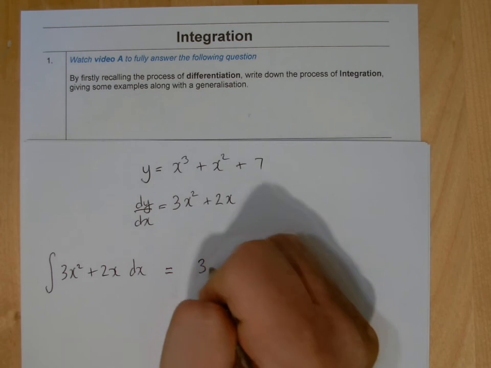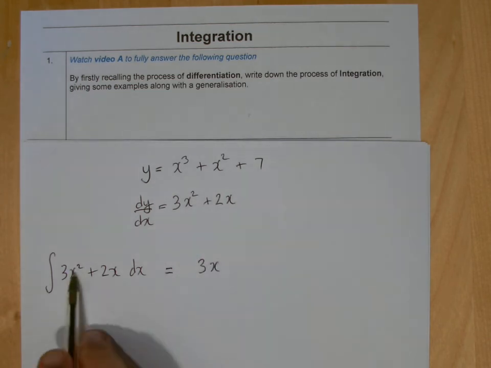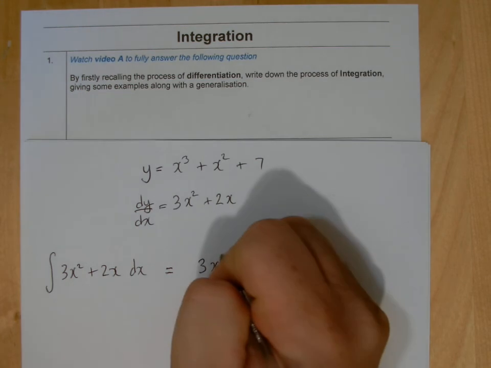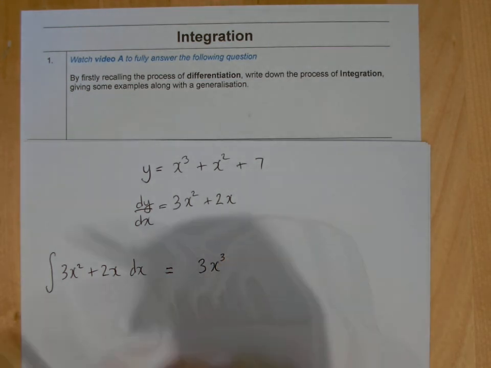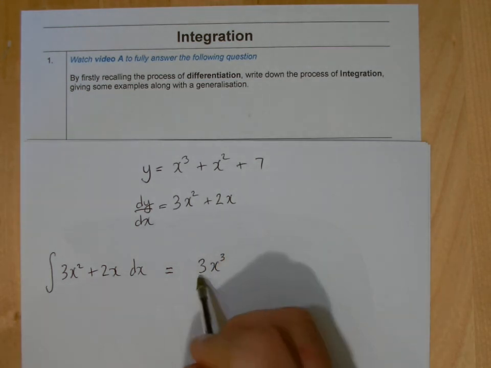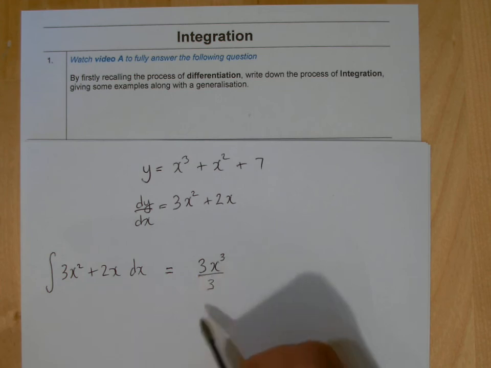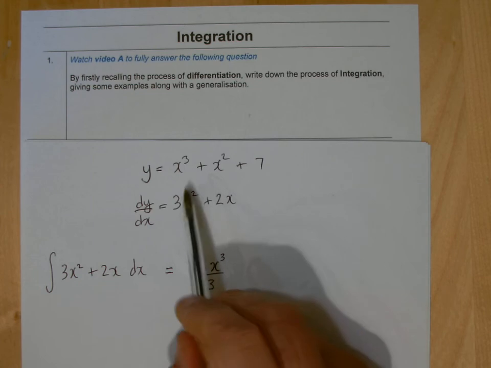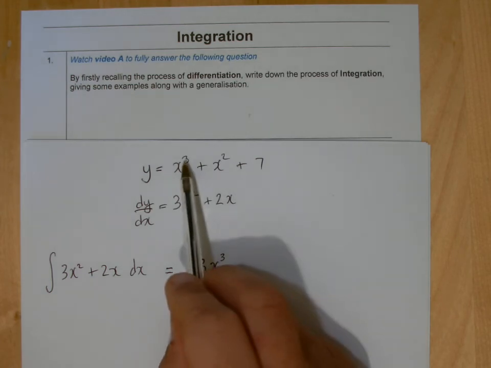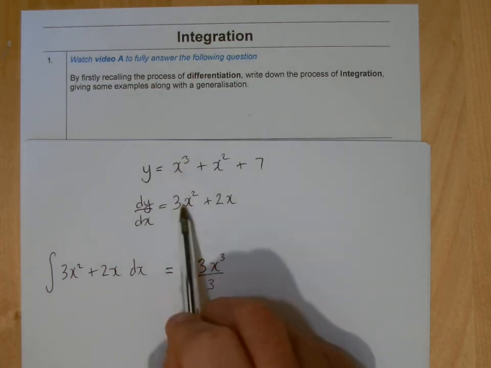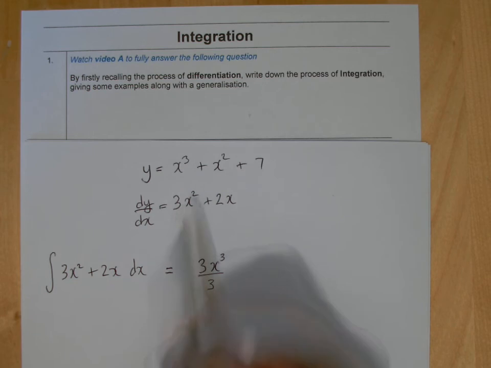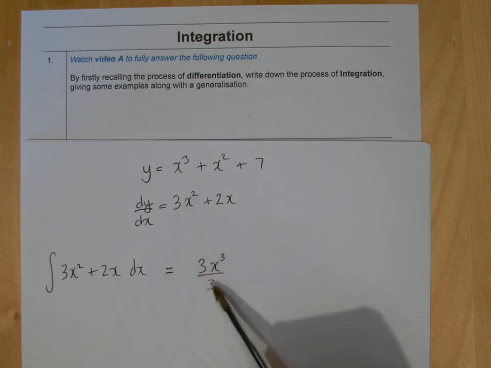If I add 1 to that power, 2 will become 3. Then I need to divide by that power 3 as well, because when I differentiated, I brought that 3 down and multiplied. Now I need to do the opposite, and the opposite is dividing.